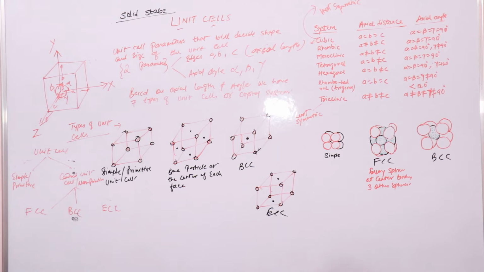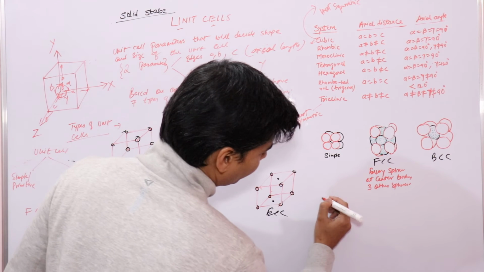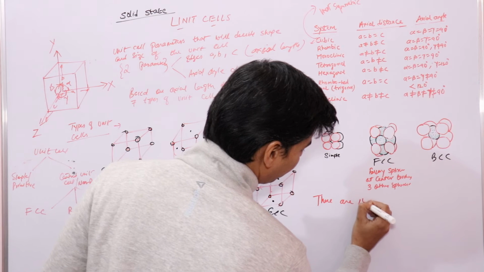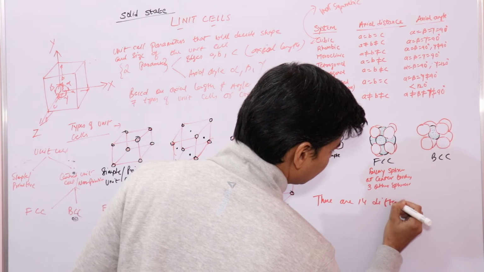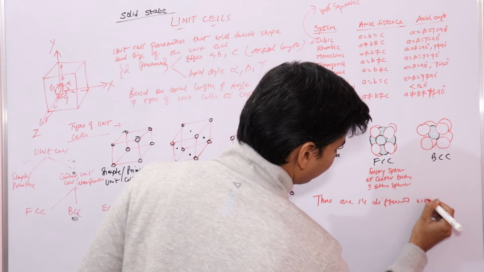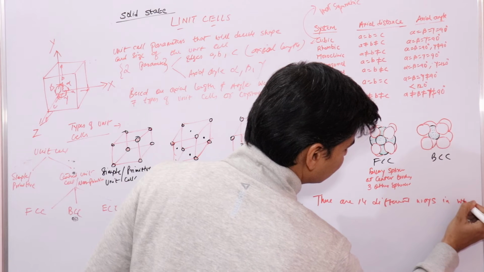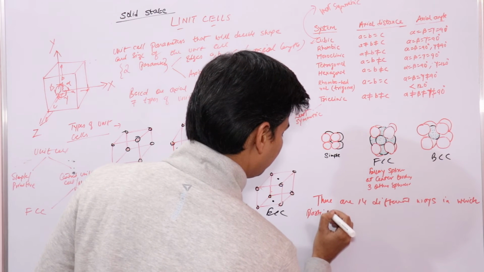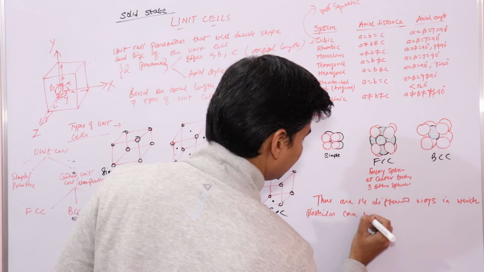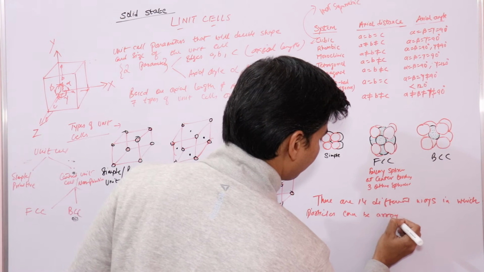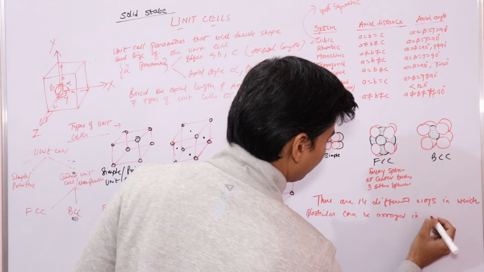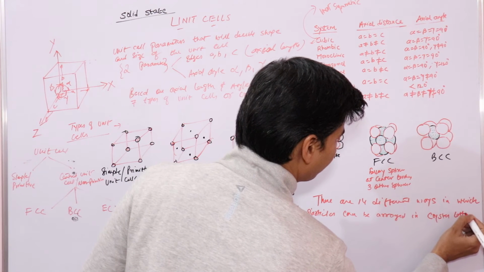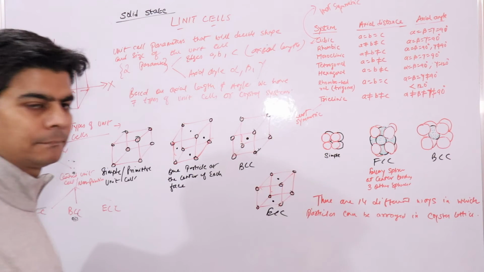So we say there are 14 different ways in which particles can be arranged in crystal lattice, right.